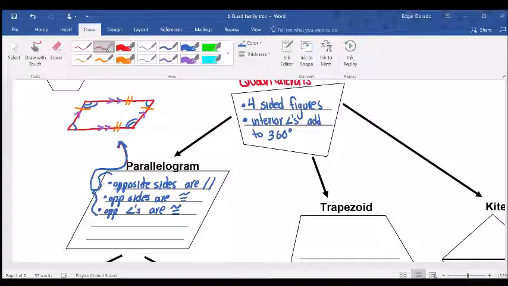So the first one here is this. The diagonals bisect each other. So what does that mean? Okay, let's go ahead and draw another parallelogram here.